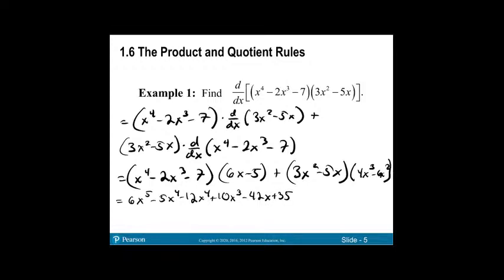And then in the second one, 12x to the 5th minus 18x to the 4 minus 20x to the 4 plus 30x to the 3.